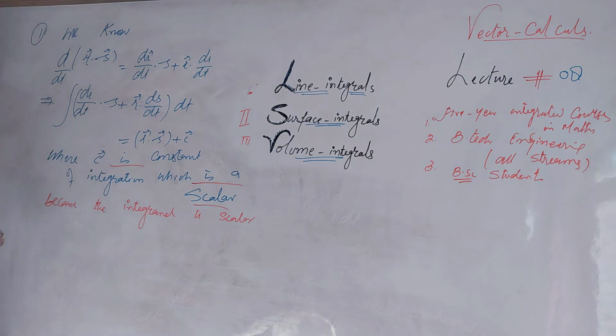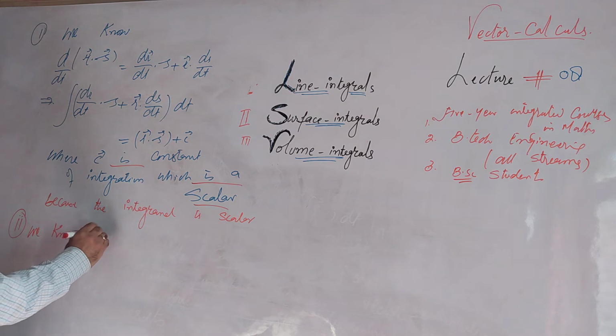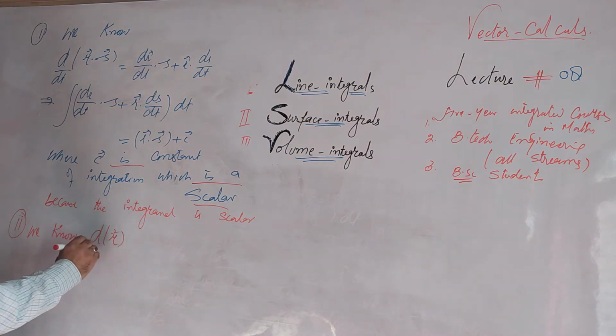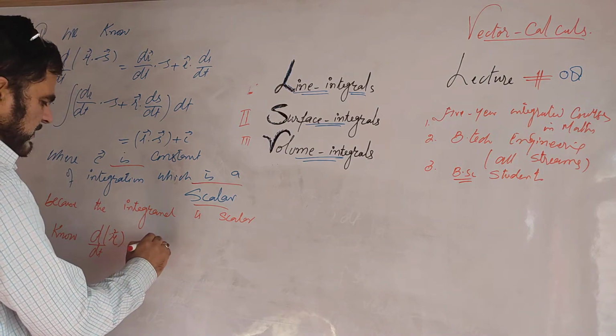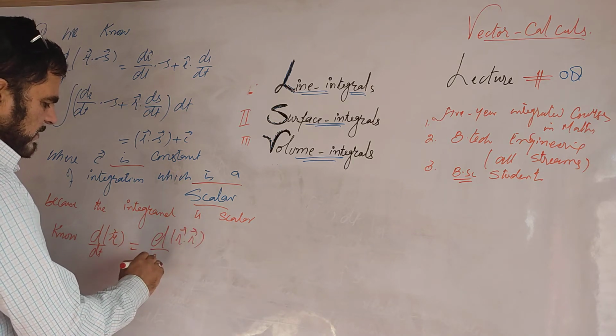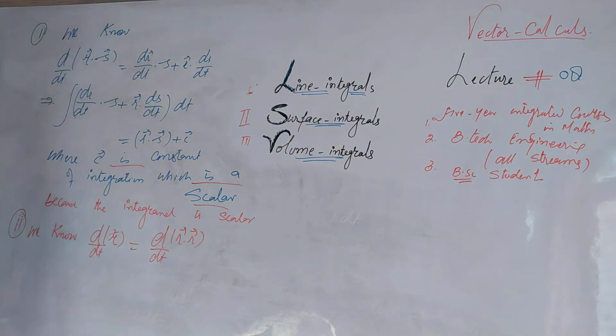Okay. Second point I will discuss. We have to find out the differentiation of r square with respect to t. You write it as the derivative of r dot r with respect to t. r is a vector. So how do we find the derivative of r square? It is r dot r.